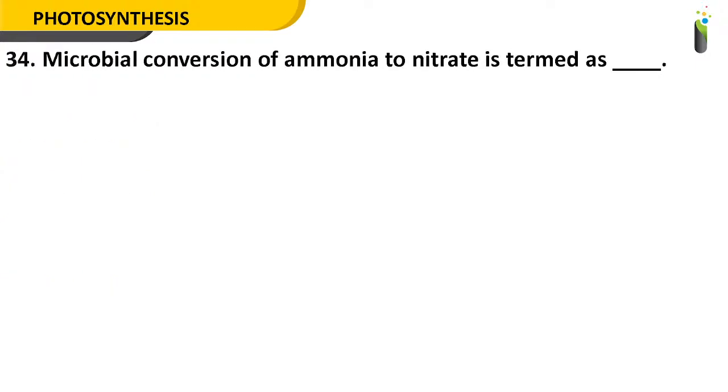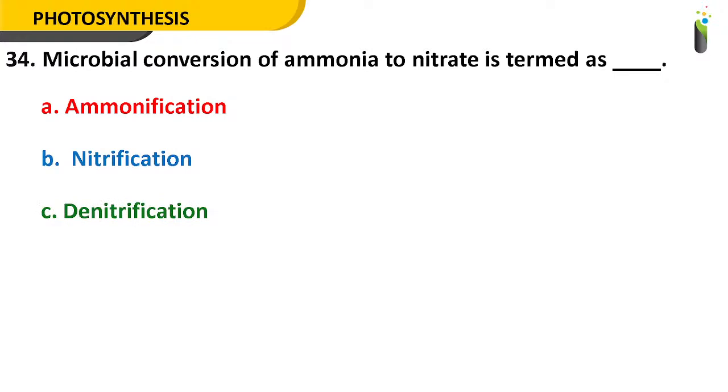Coming to the next question, number 34. Microbial conversion of ammonia to nitrate is termed as dash. A, ammonification. B, nitrification. C, denitrification. D, nitrogen fixation.